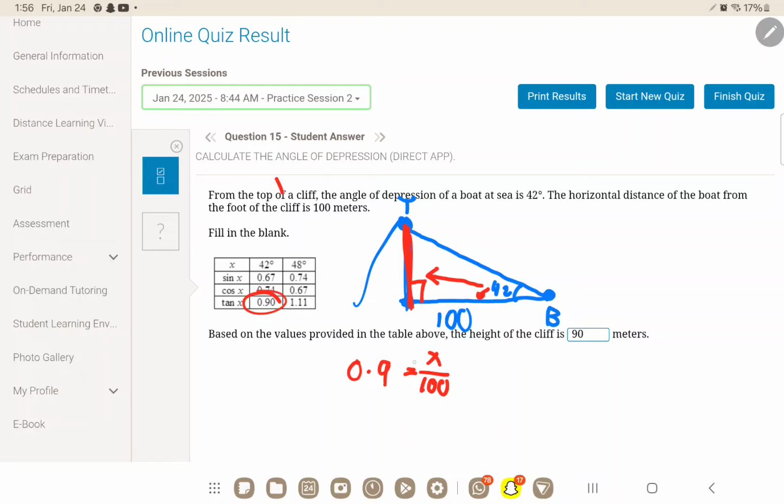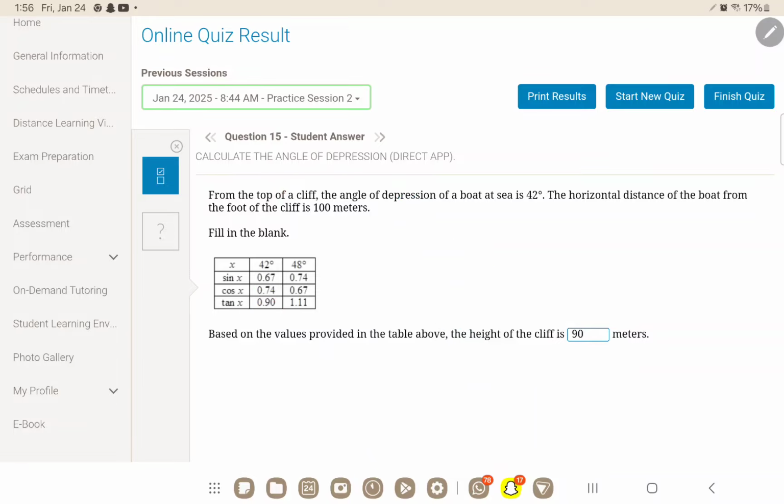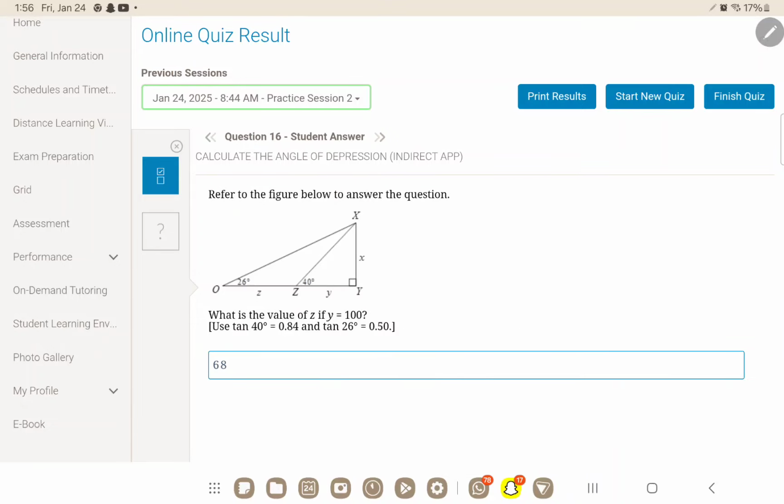Now 0.9 times 100, x equals 90. And that is it for this question. It's really easy, these questions, if you focus. Now, we have 4 questions left. Let's move on to the next one. Okay, for this question. Now, what is the value of z if y is 100?